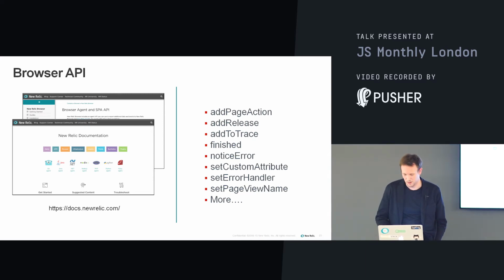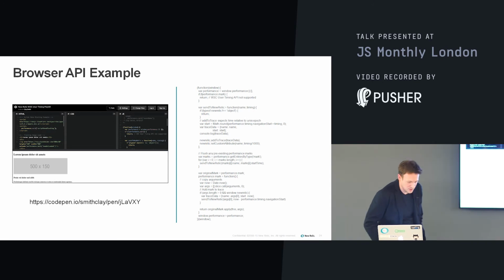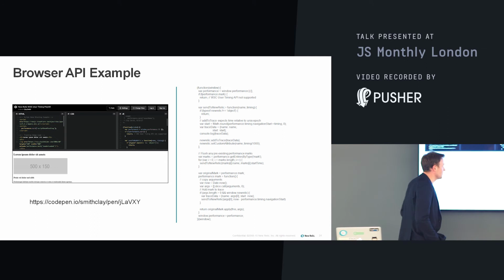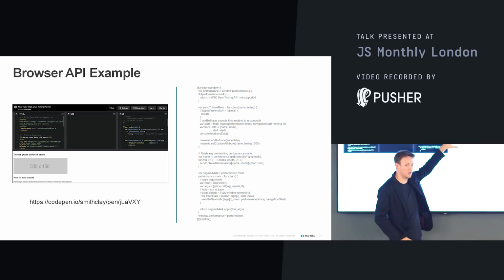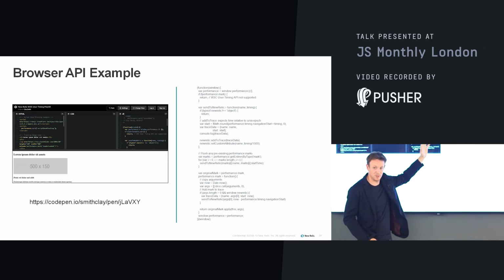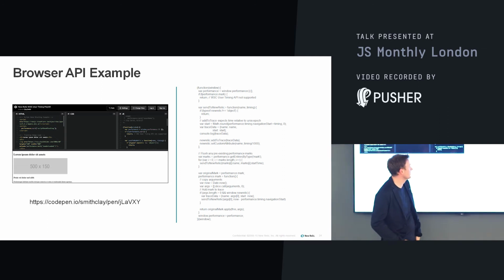So what we have here is a sample application that a guy called Clay Smith, who's a developer advocate at New Relic, has generated. And with this, we're tying into that user timing API. We have a customized JavaScript snippet here that gets appended to the existing snippet that is injected into the site.